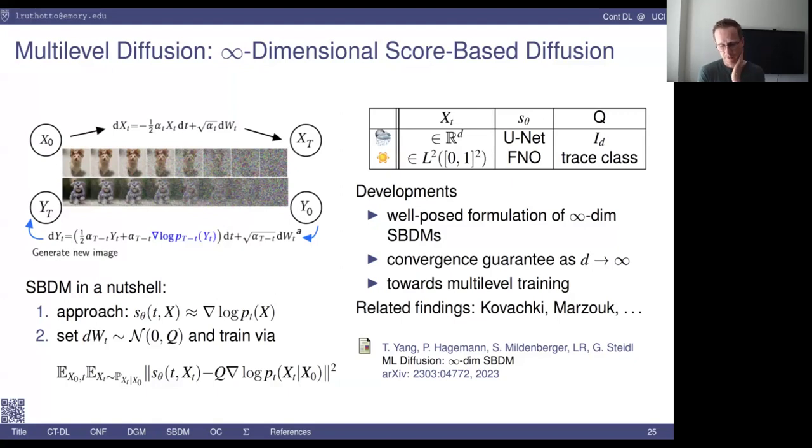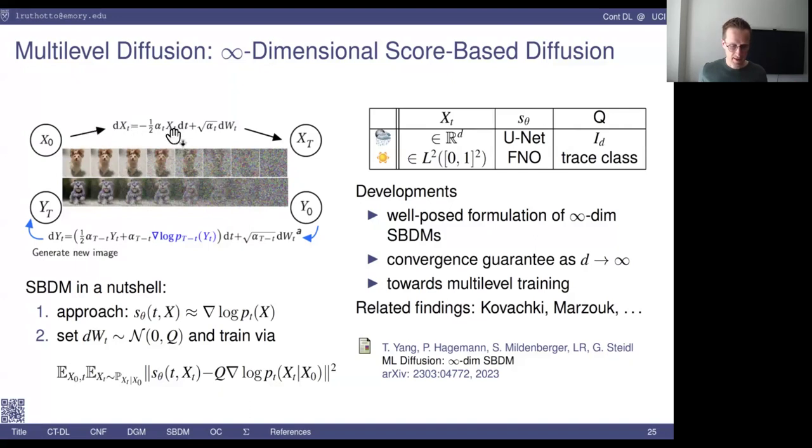two things. First of all, when I grew up, image processing was done on a PDE level. So we're not talking about a pixel grid that represents these images, but we're thinking about, say, functions in L2. If you think about this on this level, then you realize that there are actually many still interesting questions. One is the well-posedness. What happens if you have infinitely many pixels in some sense?